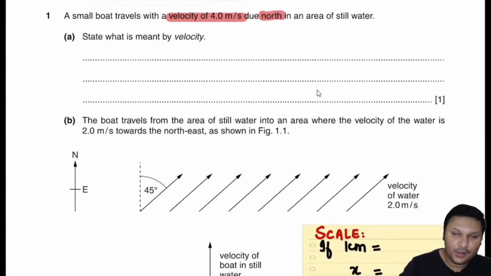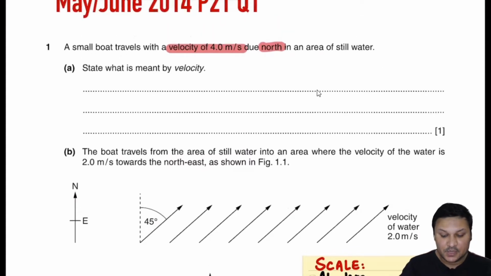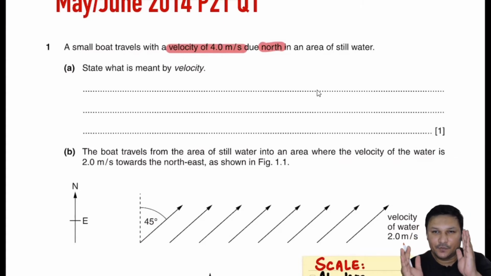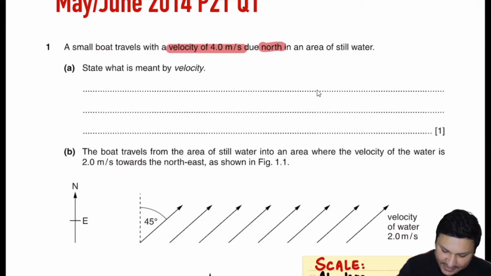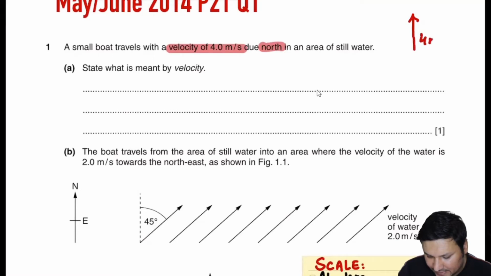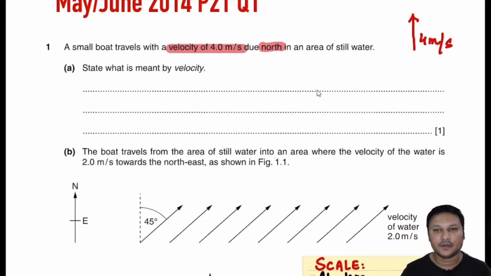One thing I also suggest my students is to draw dummy vectors so that you have a clear idea which vector needs to be drawn where in which direction. So if he's saying 4 meters per second towards north, north is upwards. So I have drawn a dummy vector in still water.